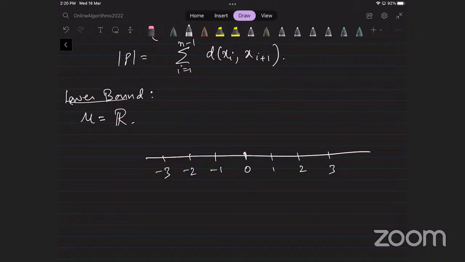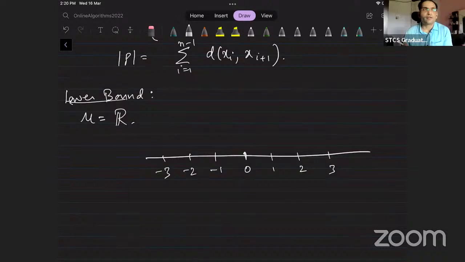A request is defined to be fulfilled only if you visit after it has been revealed. Otherwise, you can make the competitive ratio infinity. The OPT just goes, touches all of them and comes back at whatever time, and then the request is revealed, so the algorithm is just waiting. That's not fair.